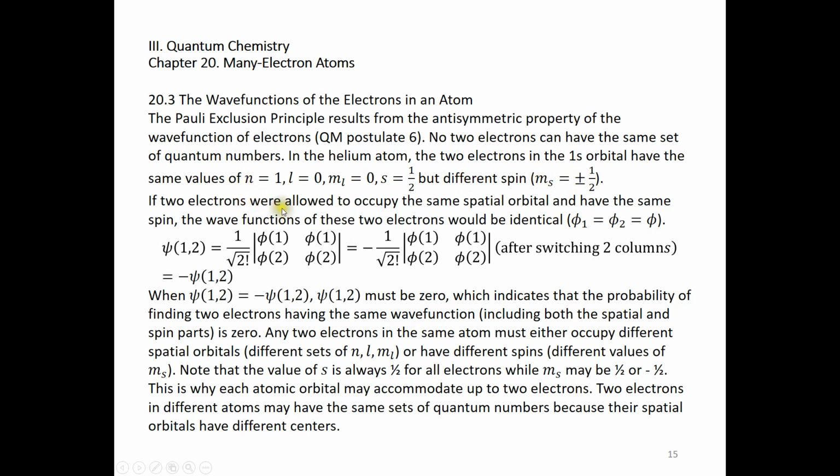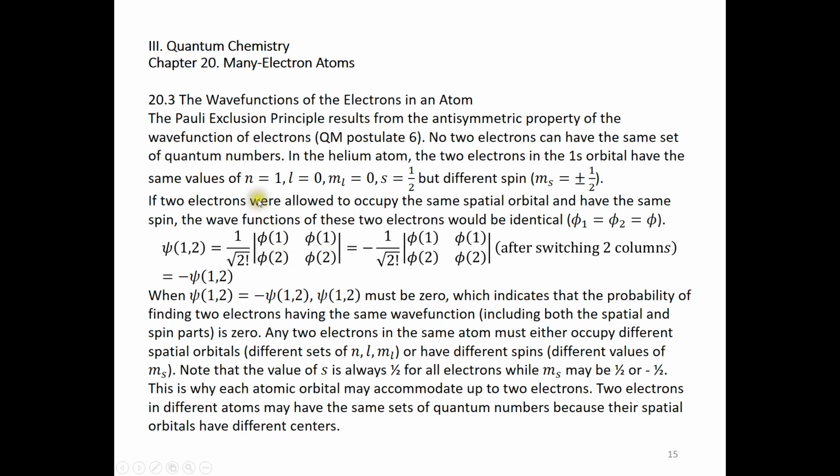If two electrons were allowed to occupy the same spatial orbital and have the same spin, then the wave function of these two electrons would be identical. Phi 1 will be equal to phi 2, and then we can just use phi to represent phi 1 and phi 2. Now if we write out the wave function for the two electrons, it becomes this. You have phi 1 in the first row, phi 2 in the second row.